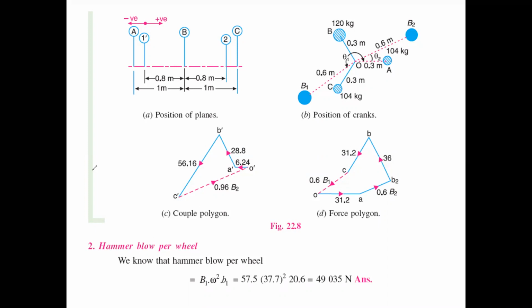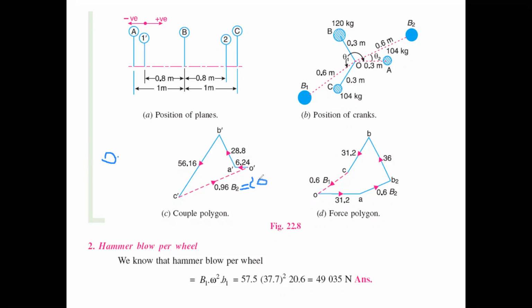In the simple calculation, the last value is 0.96 B2. So 0.96 B2 equals vector C dash O dash. For example, it may come to 5 or 6 centimeters, whatever it may be.